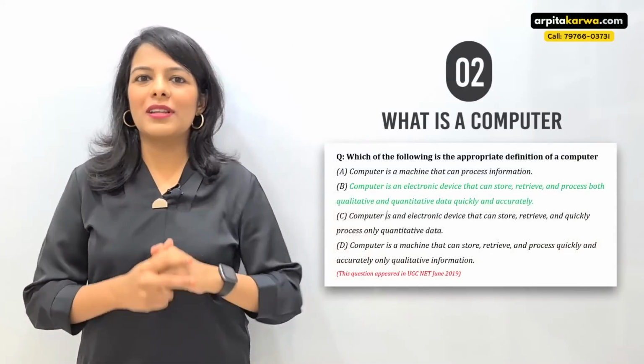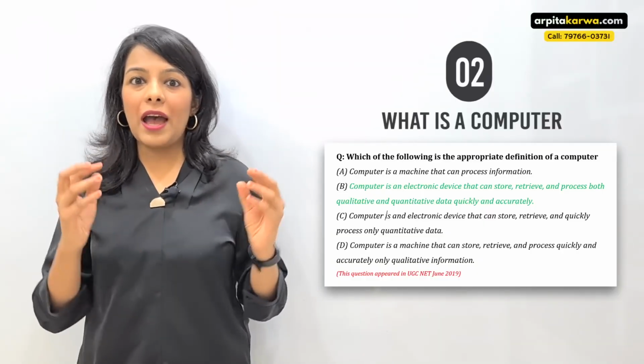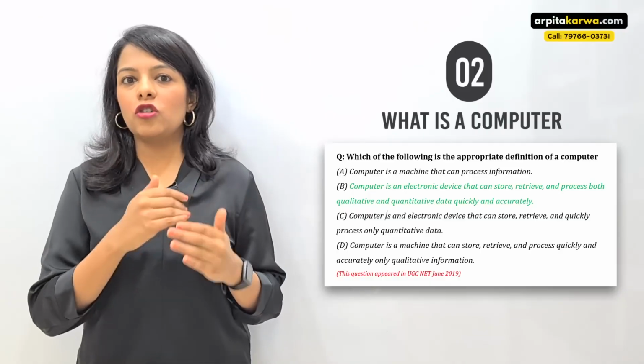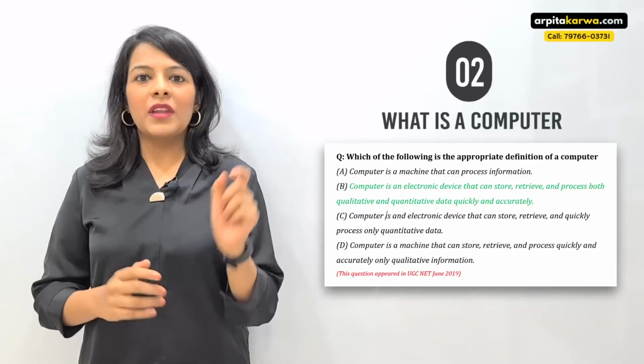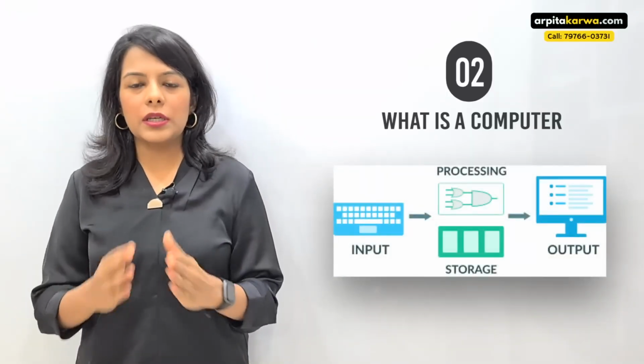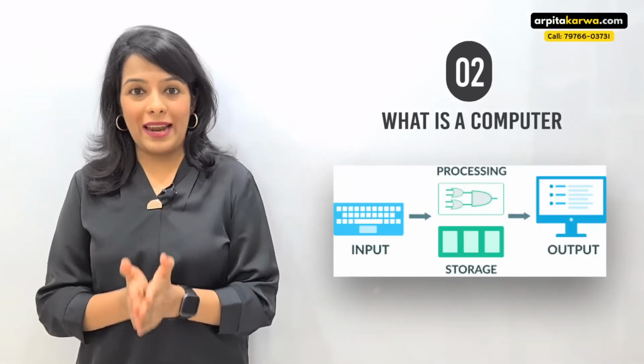Just like in this question that I've displayed on the screen, you will find that they have actually taken the definition of ICT and molded it to form this particular question. So let us know what is the definition of a computer. A computer is an electronic device. As we all know, it cannot function without electricity.